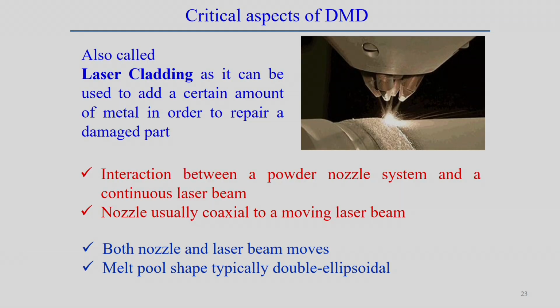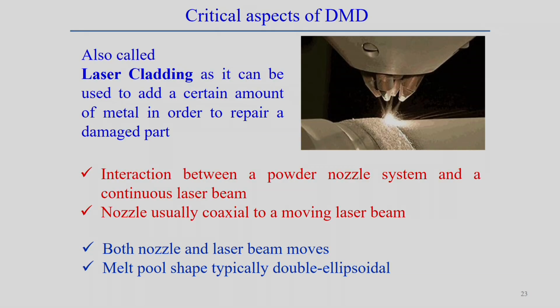In most cases the laser cladding system is normally used to repair a damaged part. So, a similar principle can be used, but in this case we need to look at it in a more controlled way, such that building up a particular object can be done by a layer by layer deposition process.